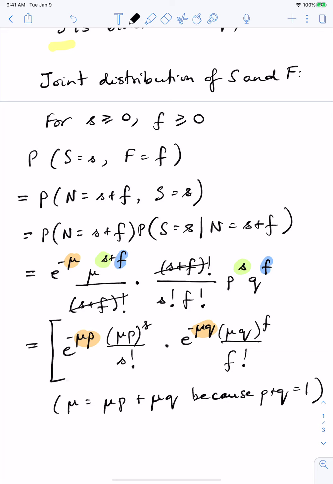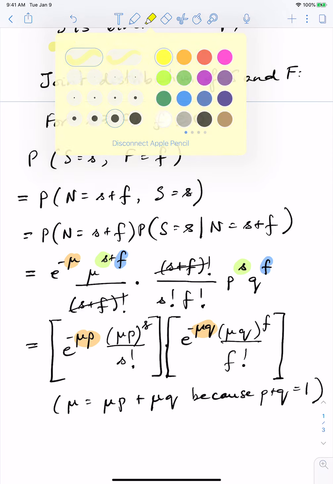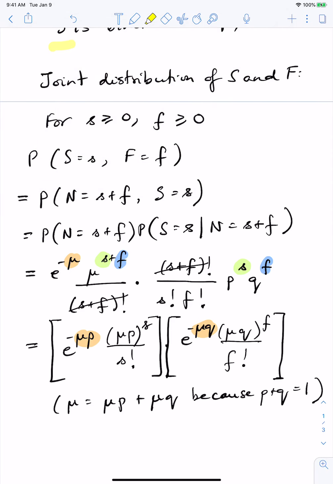And so we have factored the joint probability that we have little s successes and little f failures into the probability that we have little s successes times the probability that we have little f failures.